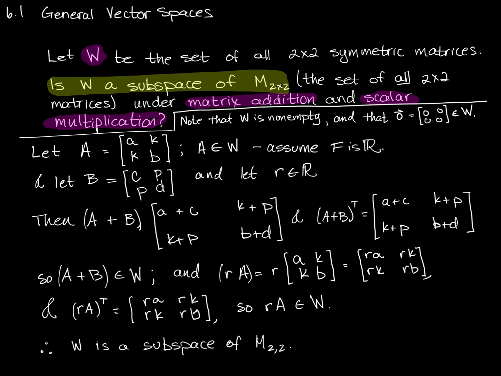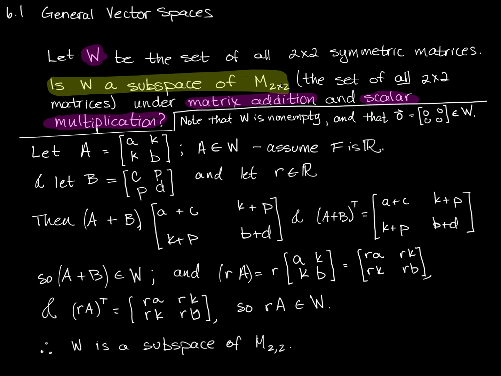And then we can say A and B are these vectors. Notice how generic they are. I know I'm calling them vectors because they're in a vector space, but I should call them matrices. Take this matrix A, which is in W, and this matrix B, which is in W. When I add them together, my new matrix is also in W, so it's closed.